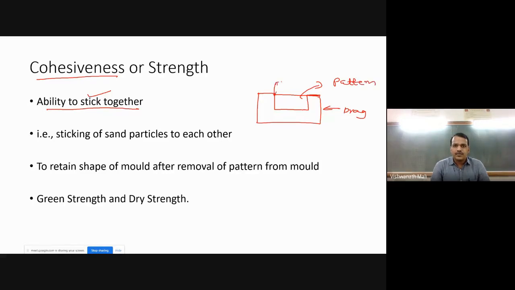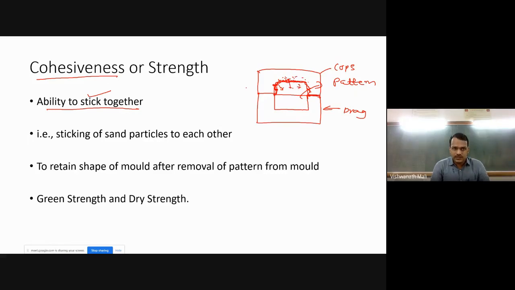Then here we have the cope. From here also we have removed the pattern. Now once we remove the pattern, the molding sand at this position, whatever sand particles are there, should stick to each other. That is cohesiveness, that they should stick together so that it will not get deformed.